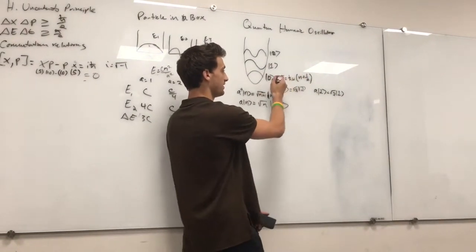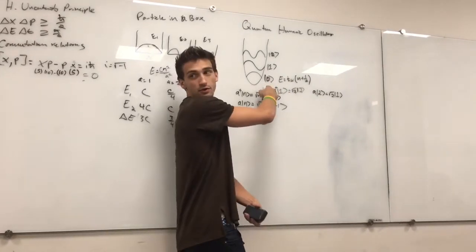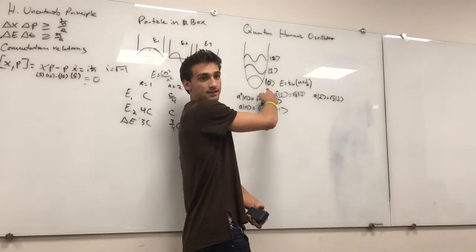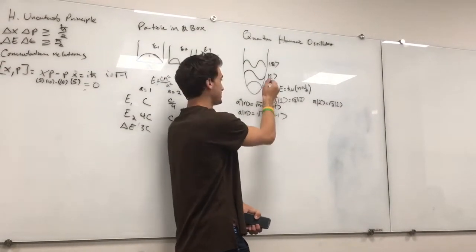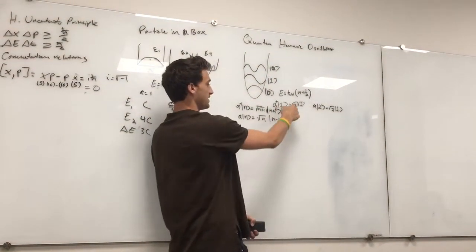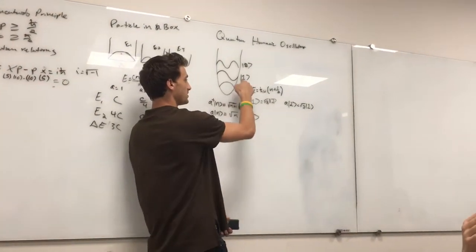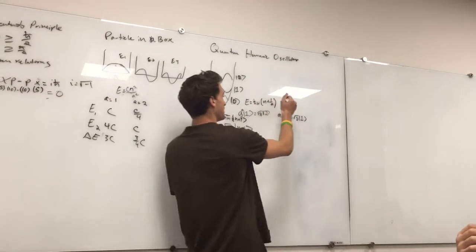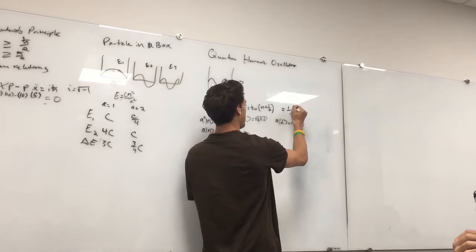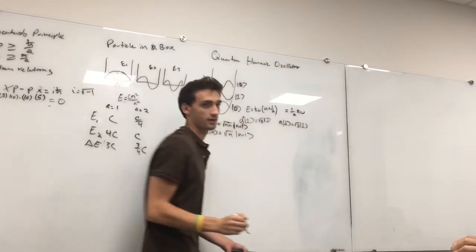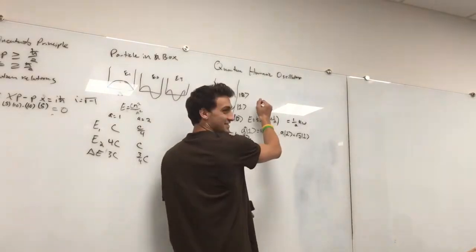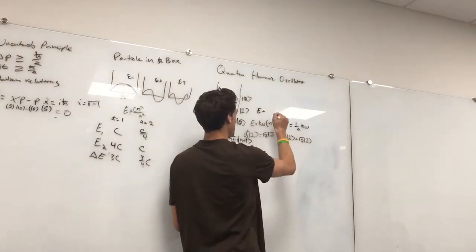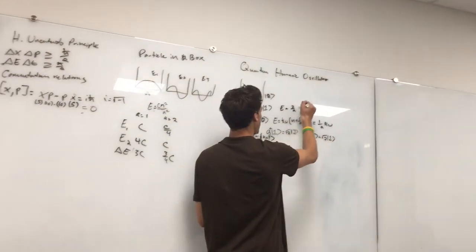So for this state, what does n equal? 0. So n equals 0 gives E equals 1/2 h bar omega. What's n up here? 1. Okay, so E equals 3/2 h bar omega.